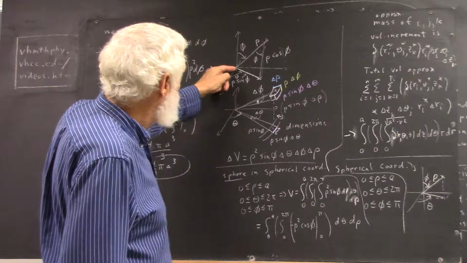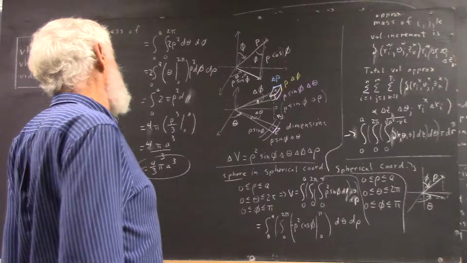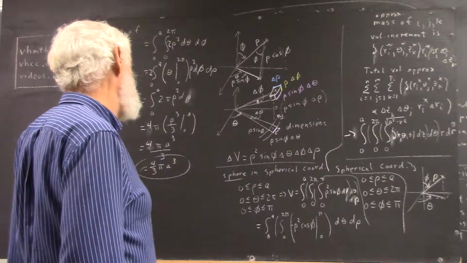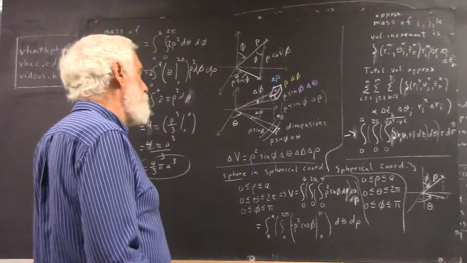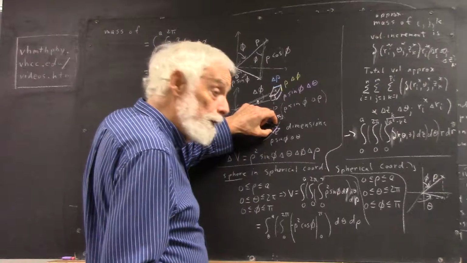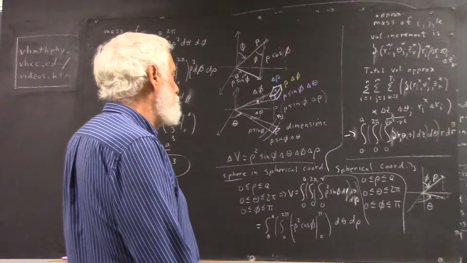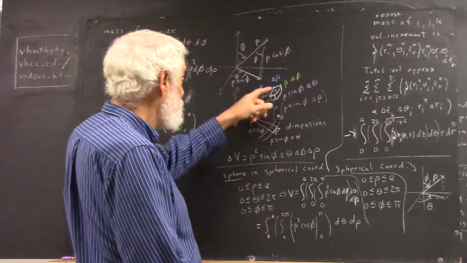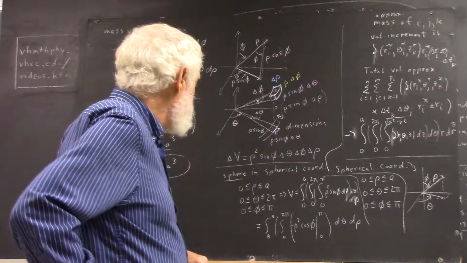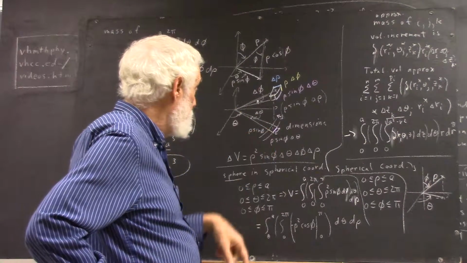So now we know the distance from here to here, and what we're wanting to do is figure out the volume increment. Okay. Well, first of all, let's look down in the plane, because it's fairly easy to figure out the area of this increment in the plane, which is going to give us one of our dimensions of this little volume box up here. Okay, so this distance is rho sine phi.